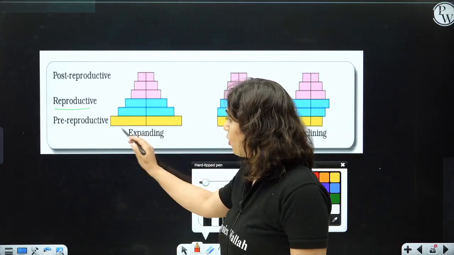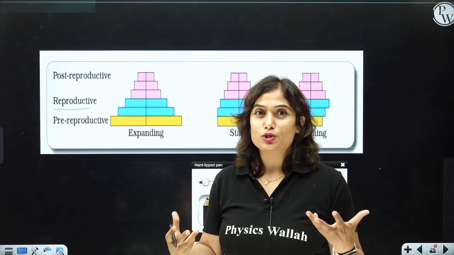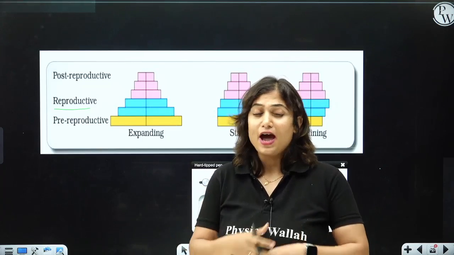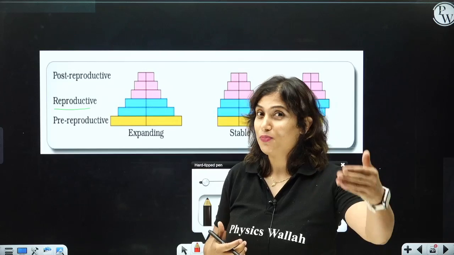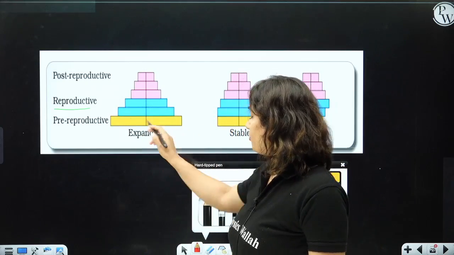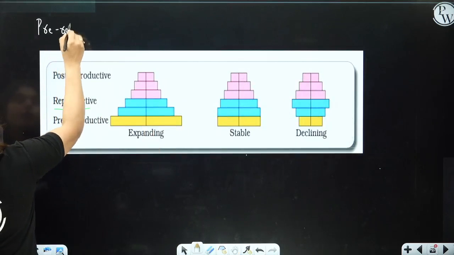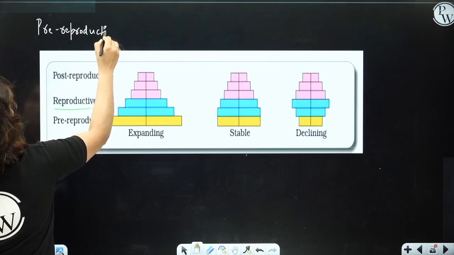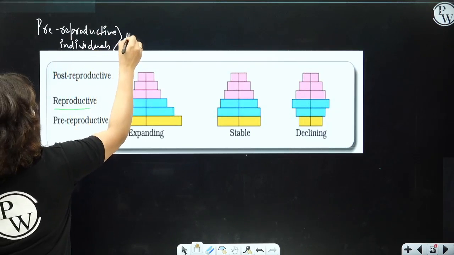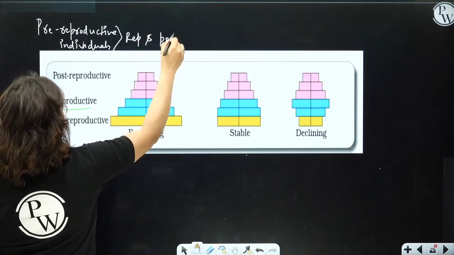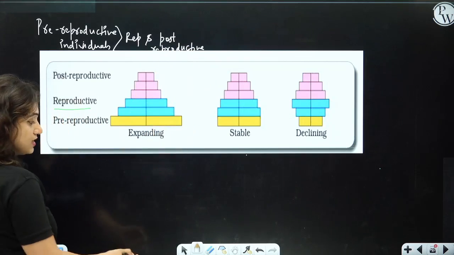If the kids are more in a population, obviously that population will go on increasing, as in India, where we have so many kids, and those kids will someday become adults and reproduce. So if the number of pre-reproductive individuals is greater than reproductive and post-reproductive individuals, that means the population is expanding.